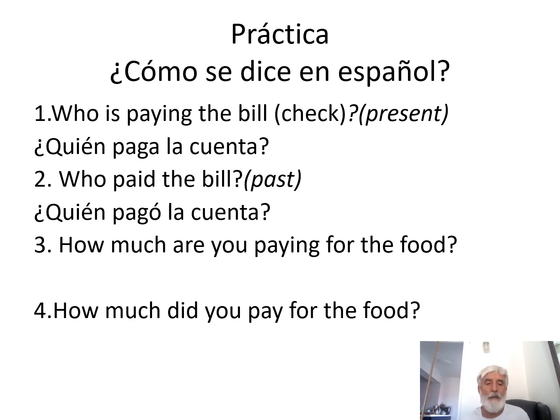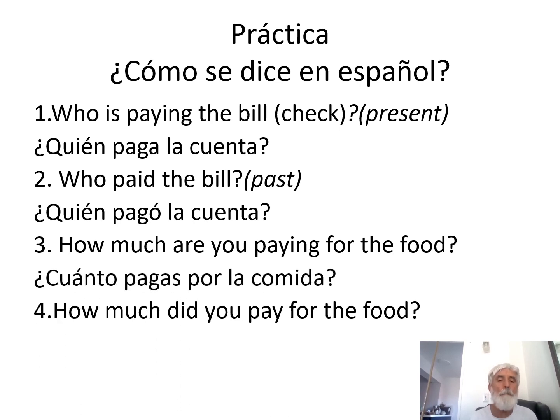Okay. The next one. How much are you paying for the food? So this is in the present tense. How much are you paying? ¿Cuánto? A cuánto question. ¿Cuánto pagas por la comida? And the you here I'm using is the familiar you. Generally, when I ask you to use you, I'm referring to the familiar you. ¿Cuánto pagas tú por la comida? How much are you paying for the food? Now, let's put that in the preterite.